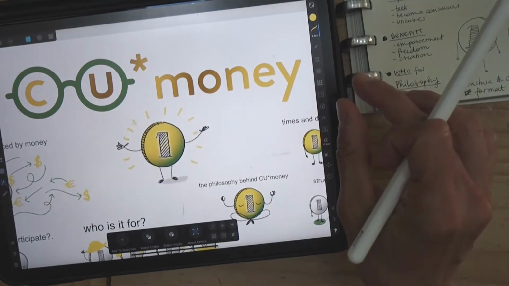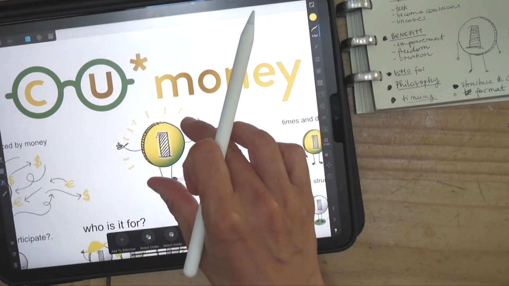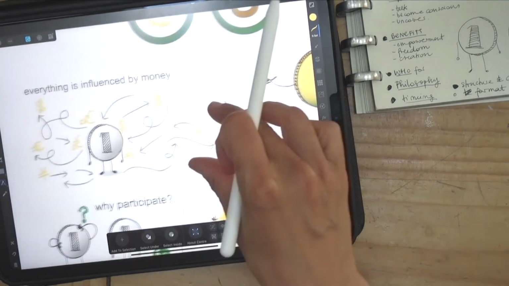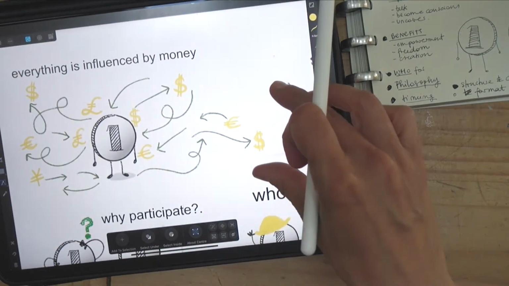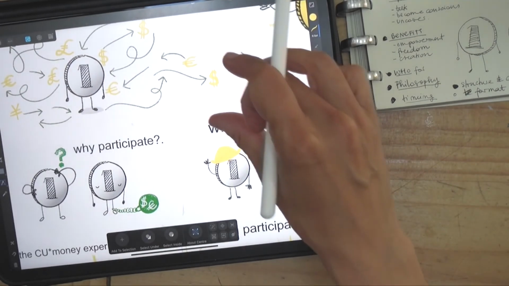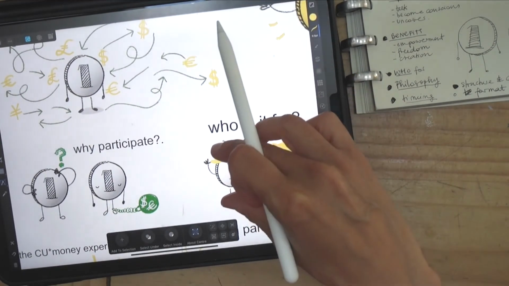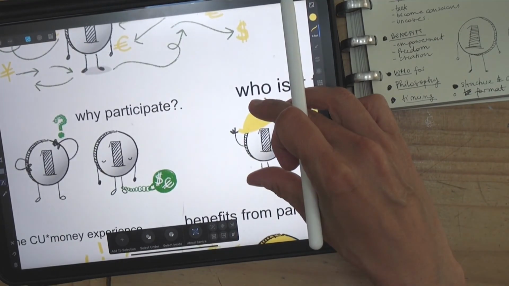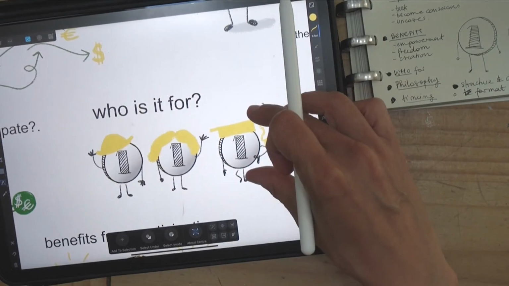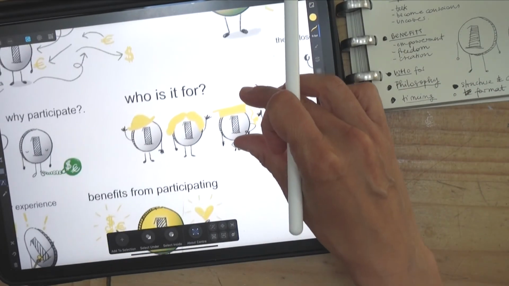Okay, so there they are, all the CU Money people that we ended up putting on our CU Money website. And obviously you are very much invited to have a look at that page over there, we have some free webinars and recordings of those webinars where you can meet Peter Koenig and hear him speak about money.